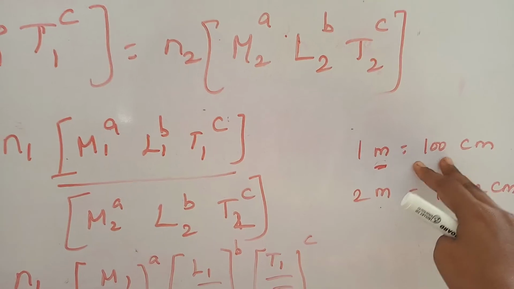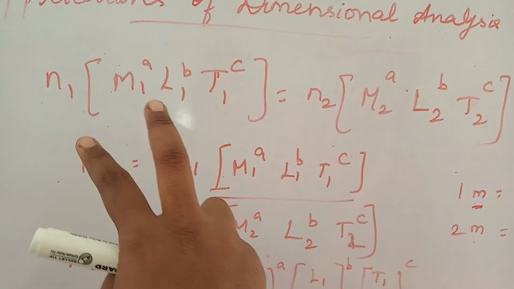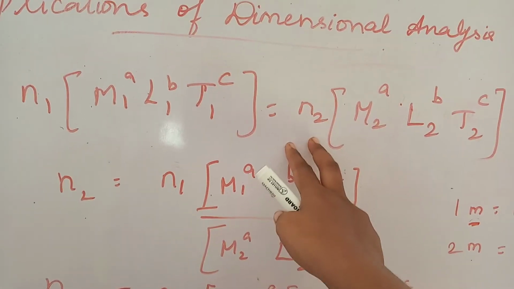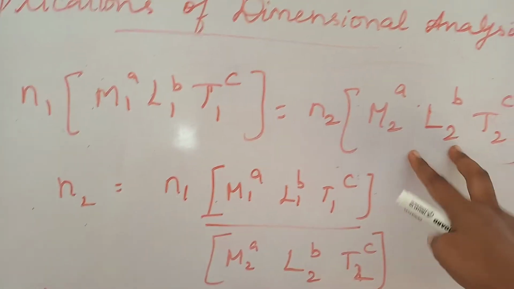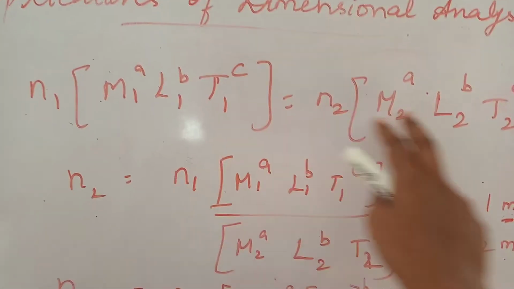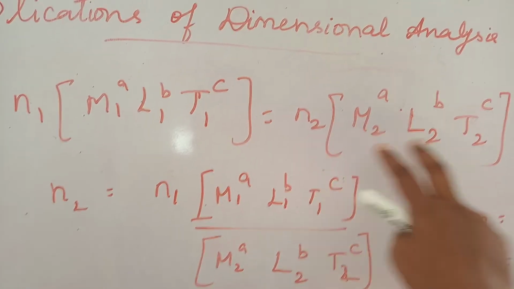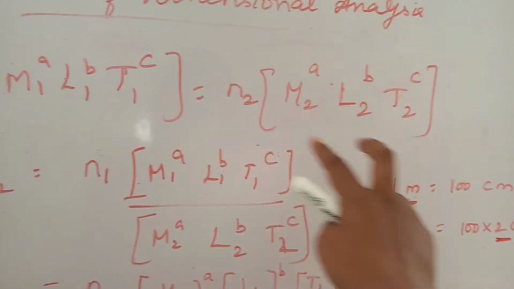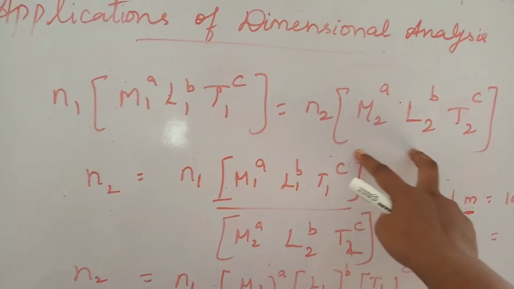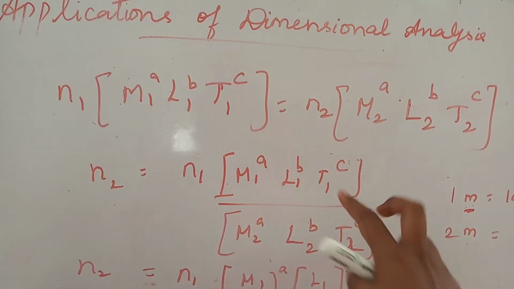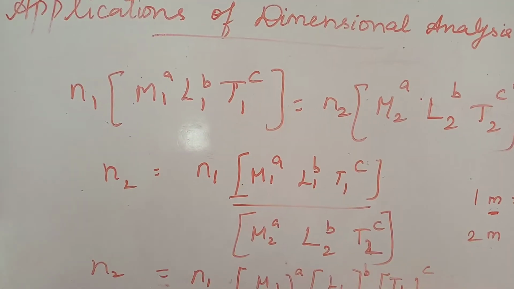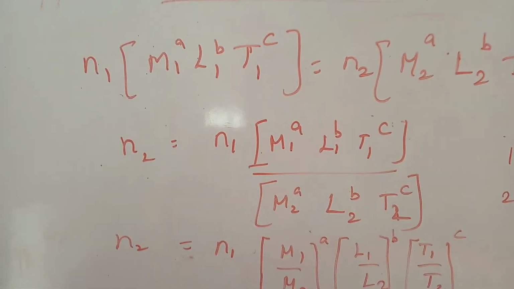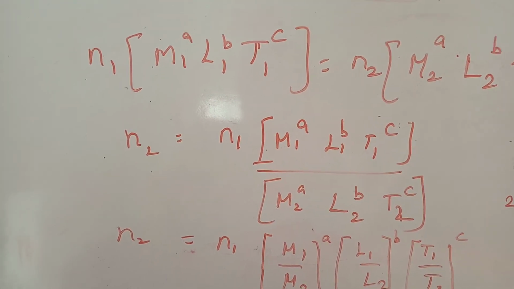So when I want to convert from one unit to another unit, I want to find this number so that meter gets converted into centimeter. When I do that, I have to multiply by 100. This one I know. But when it is some other combination of units, I want to find what this number should be. Then you can simply convert the numbers from one unit to another.